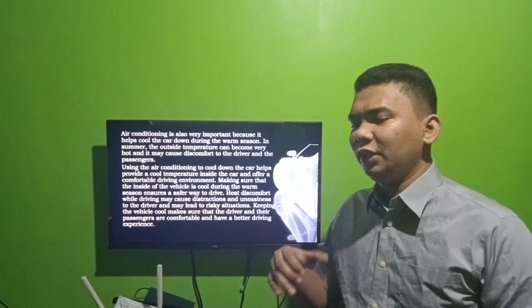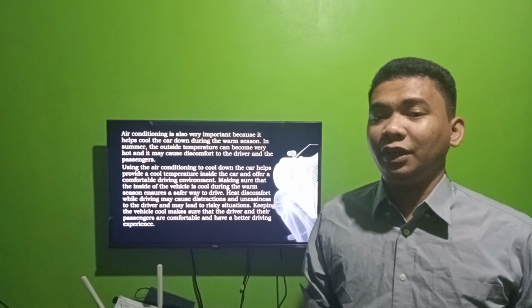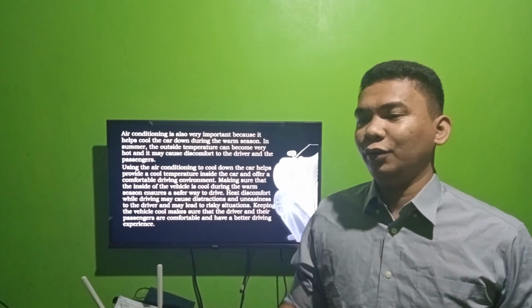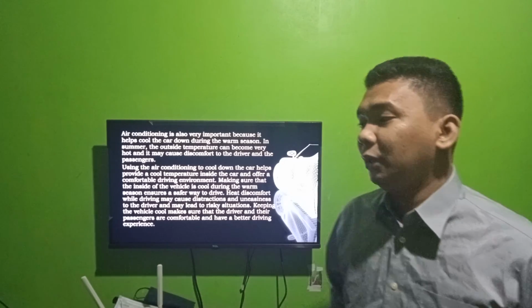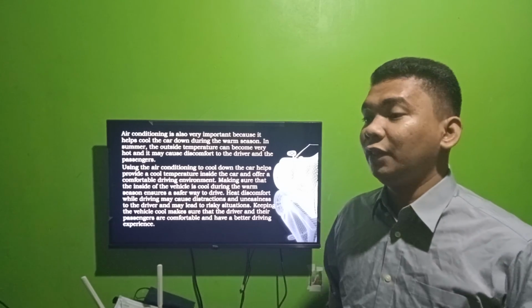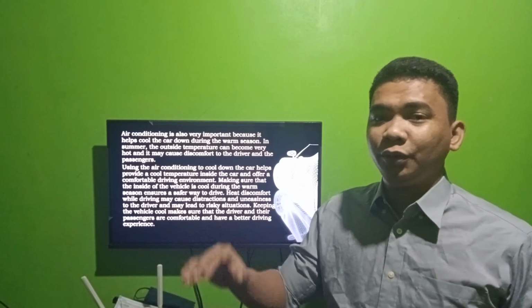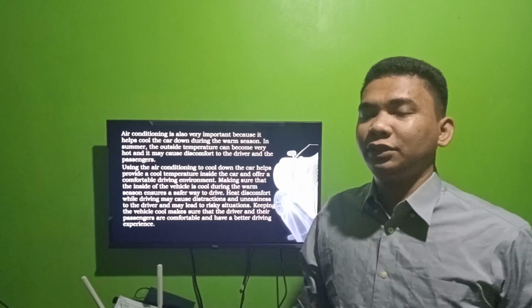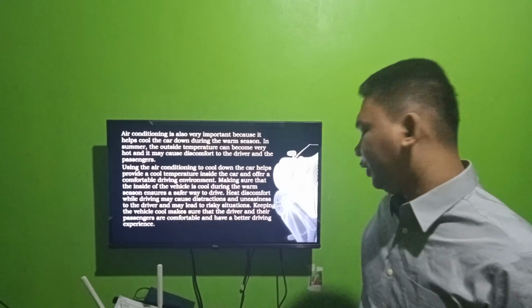So what will happen, think about it, if the driver is not comfortable enough when driving, and also the passenger? The risk of an uncomfortable drive is that you are not focused on the road, hindi ka masyadong nakafocus dun sa ginagawa mo, since you are sweating and feeling the hot temperature inside the car.